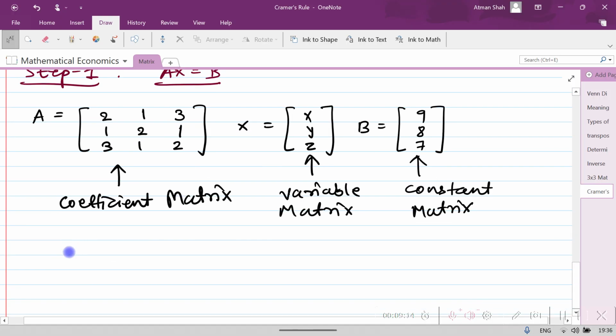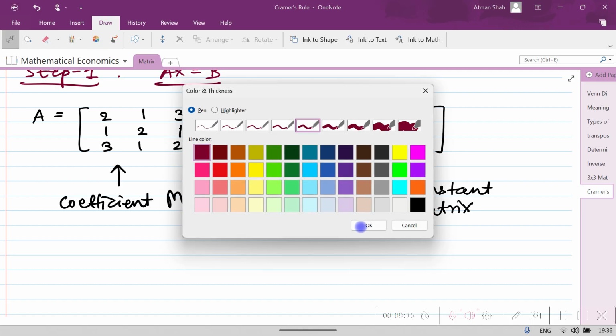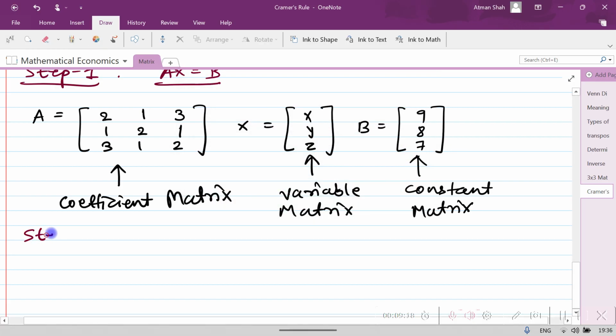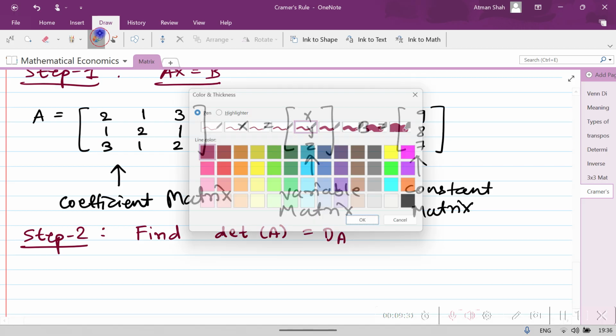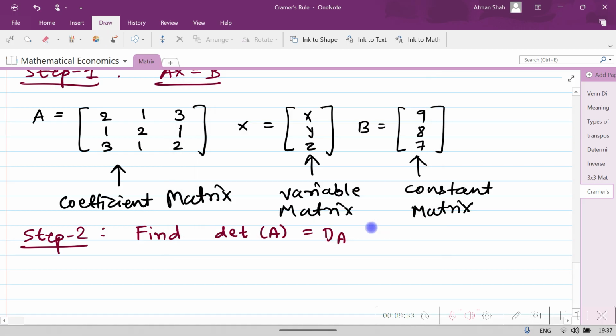So now step number 2. Step 2, find the determinant of A, which is denoted as dA. So dA is equal to the determinant with rows 2, 1, 3, 1, 2, 1, 3, 1, 2.